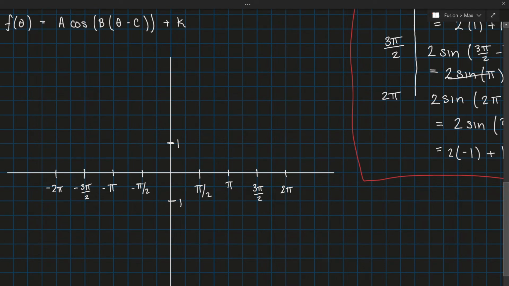Sine function was the y, cosine function is the x. So what's the x-coordinate of 0 degrees? 1. 1, right. So at theta equals 0, cosine is 1. So this is just the basic cosine of theta function.